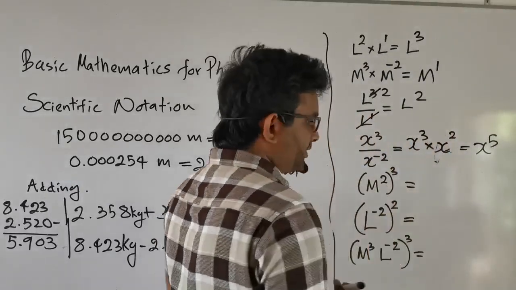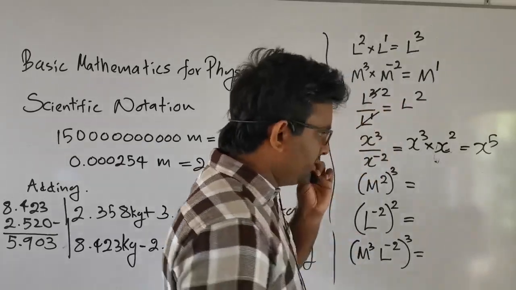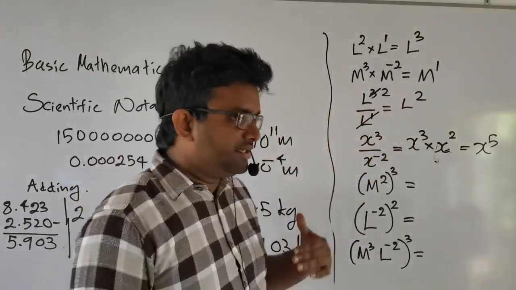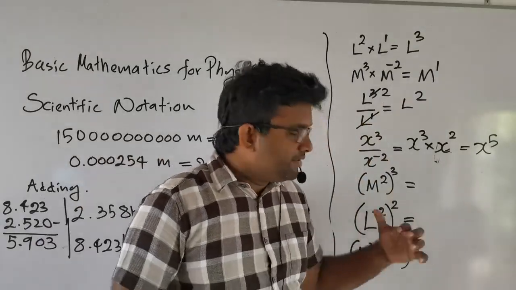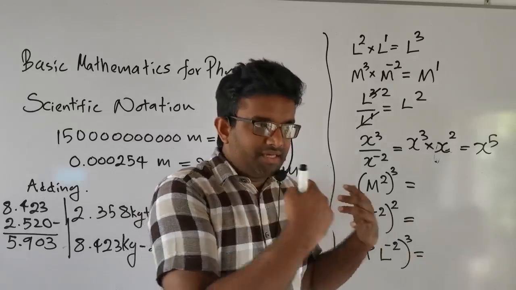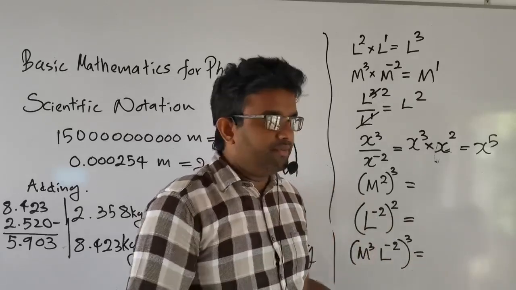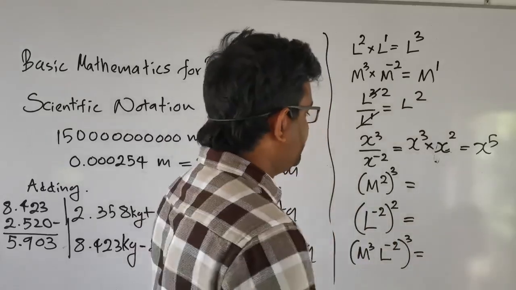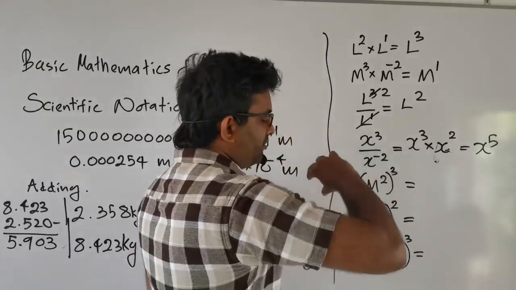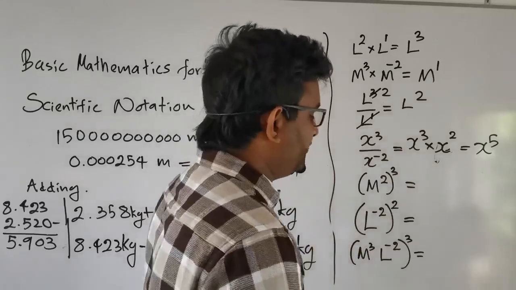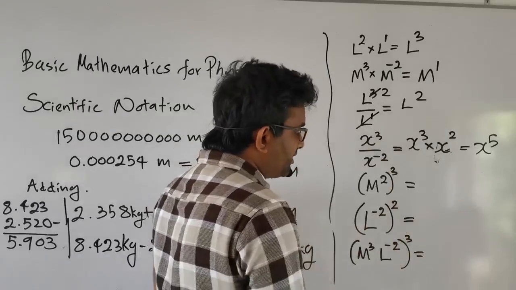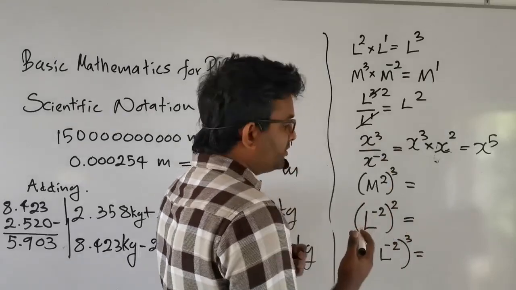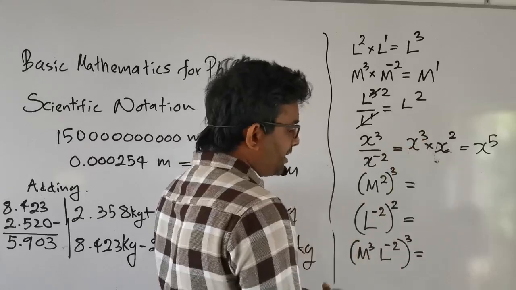Then here we have a bracket, right? When we have a bracket in normal simplifications, we multiply with the numbers outside. So here we have a power outside the bracket. Therefore, we need to multiply those outside and inside powers.